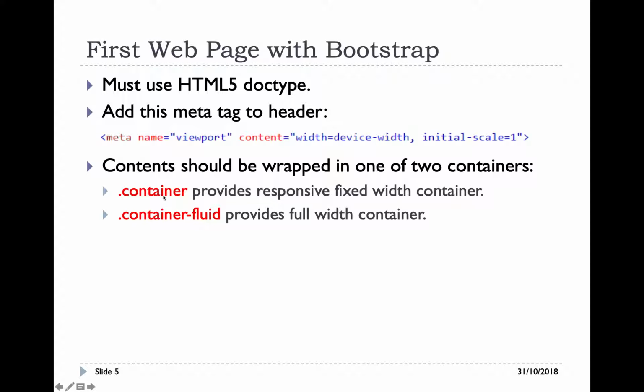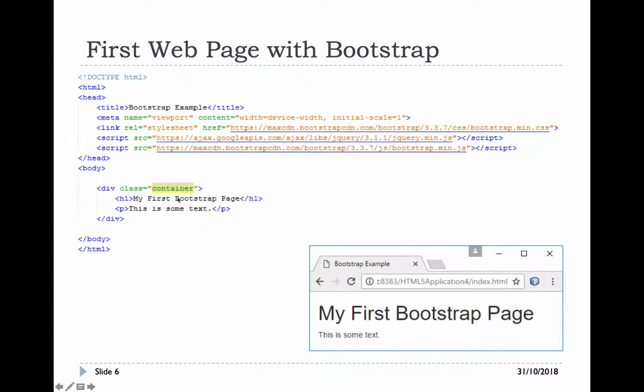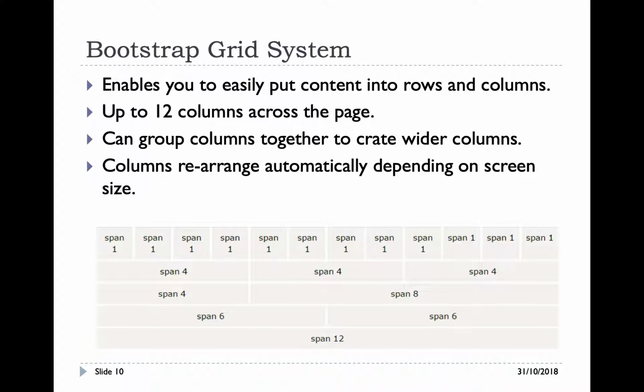Okay, and the Bootstrap grid layout is quite similar to the CSS grid layout. You first have to define something called a container. This is similar to setting a container class to display grid. Instead of that, you set it to container or container-fluid. And then after that, you can define the rows and columns of the components inside it.